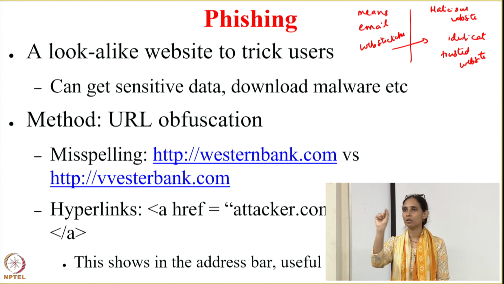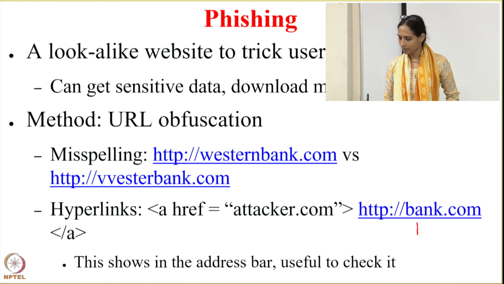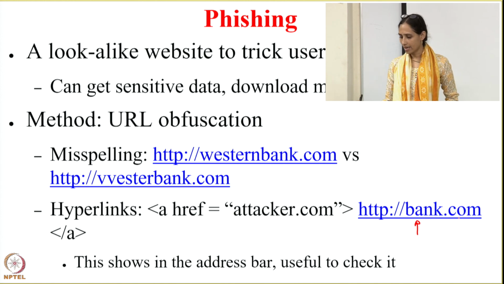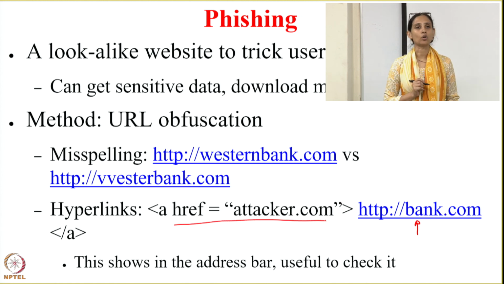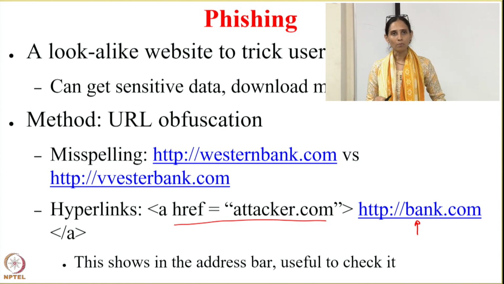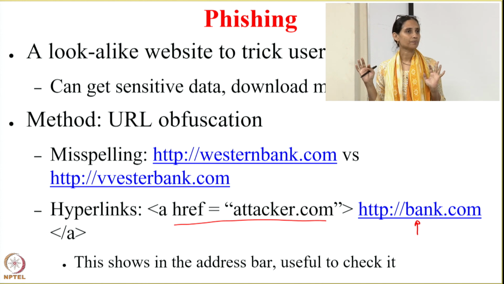You are showing bank.com on a website where you actually see that it says bank.com, but the moment you click on bank.com, the reference for that is attacker.com. So, you think you are clicking on bank.com, but actually you land on attacker.com, which may have an identical website to bank.com where you cannot distinguish, and then you think you are on bank.com and you may enter your username and password, and then your password is compromised.